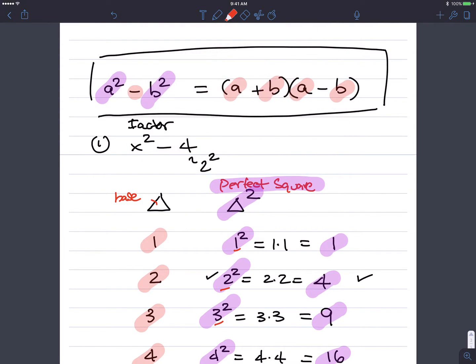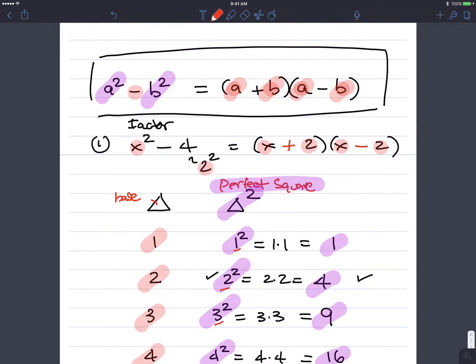We said my base here is 2, my base here is x. So we can write this as x, 2, x, and 2. My 2 bases. Remember this? Here, here, here, and here. X, and 2, and 2. We just have to be careful about the signs. What are the signs going to be?